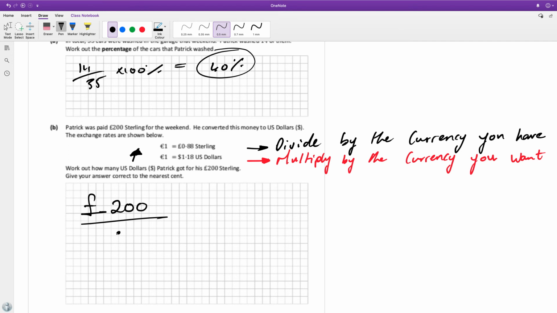Divide by 0.88. Multiply by $1.18. Exactly. Divide by the currency you have, 0.88, and multiply by the currency you want, 1.18. So off you go.